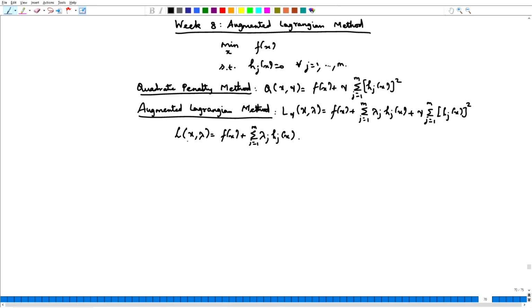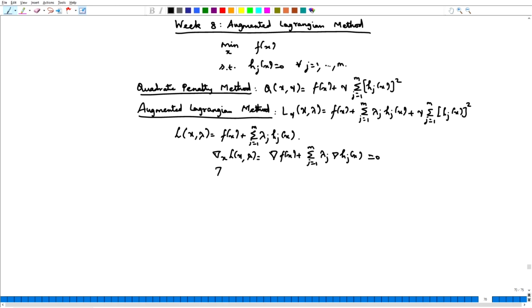And you will find the gradient of L with respect to x, which is del f of x plus summation lambda j del h j of x, j equal to 1 to m. This should be equal to the 0 vector. And when you differentiate with respect to lambda j, you just get h j.